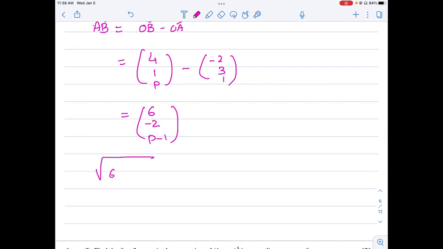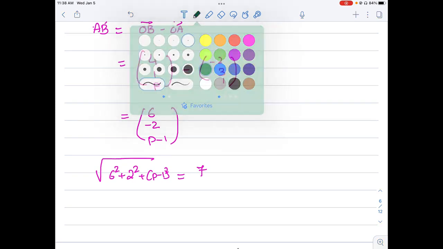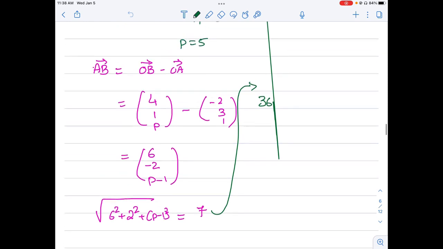So square root of 6 square plus 2 square plus P minus 1 whole square is equal to 7. So from there I get 36 plus 4 plus P minus 1 whole square is equal to 49, squaring on both sides.